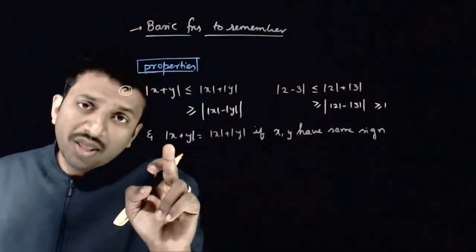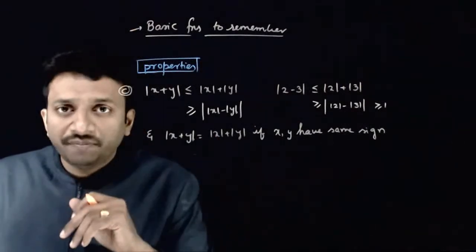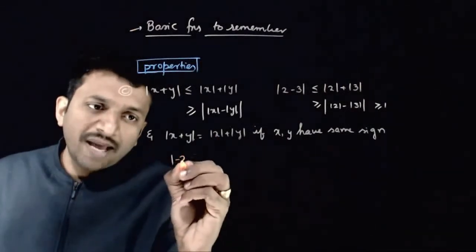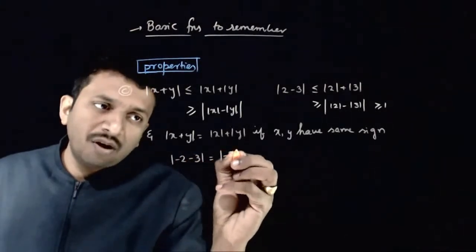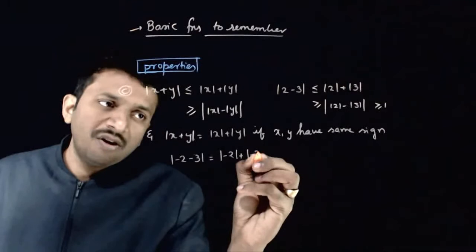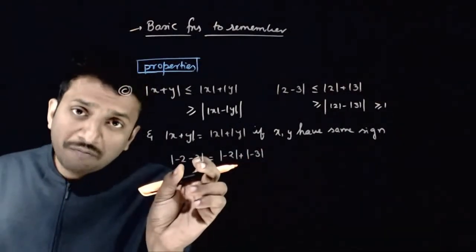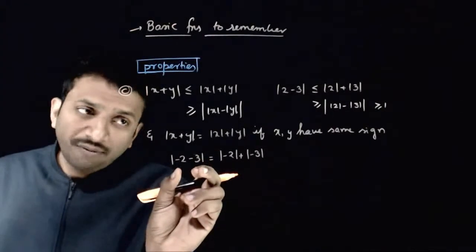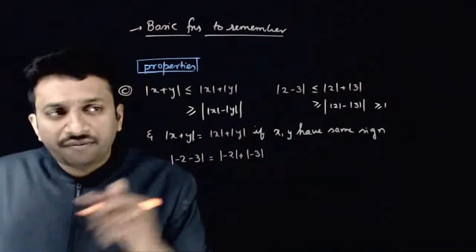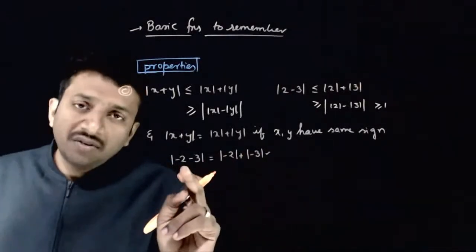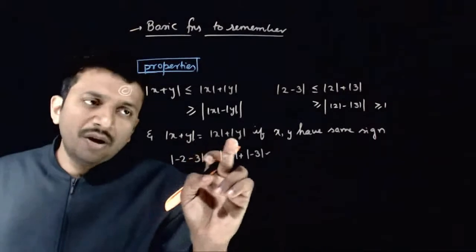Or if both are negative also, then mod of x plus y will be equal to mod x plus mod y. For example, mod of minus 2 minus 3 is exactly equal to mod of minus 2 plus mod of minus 3. Can you see this? Because mod of minus 2 minus 3 is mod of minus 5, which is equal to 5, and that is exactly equal to 2 plus 3, which is again 5. So if either both are positive numbers or both are negative numbers, then mod of x plus y will be equal to mod x plus mod y.